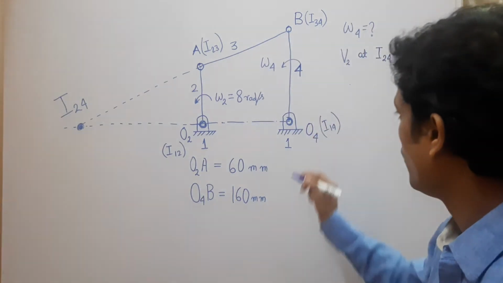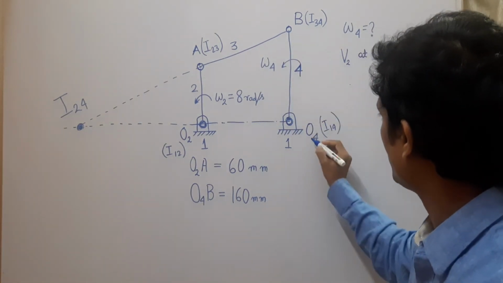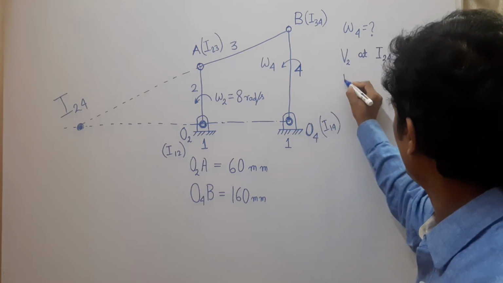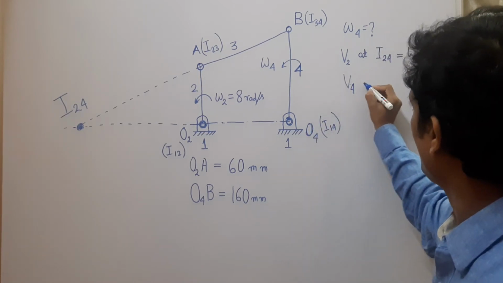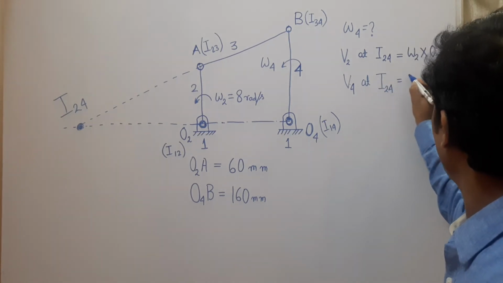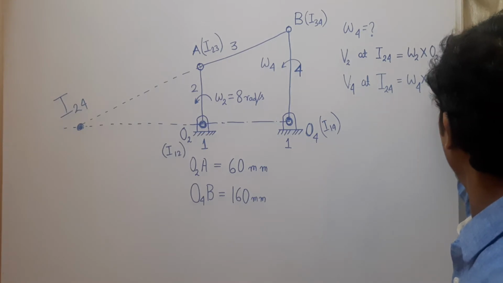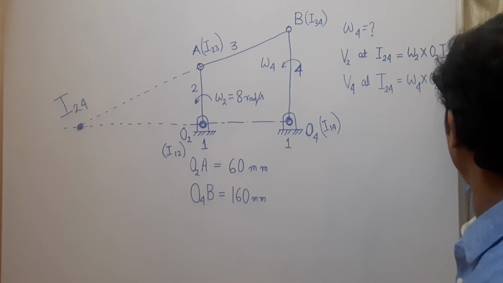Similarly, link 4 is hinged at O4 and it has a pure rotation about O4. So V4, that is velocity of 4 at point I24, is equal to omega 4 into O4 I24.